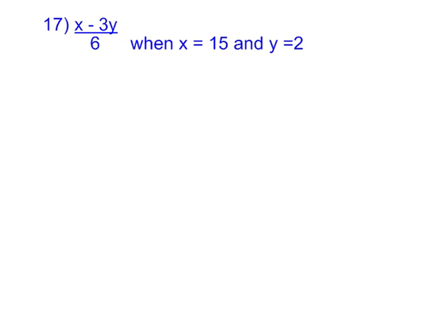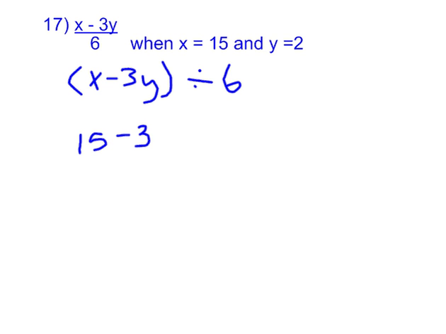Number 17, we have x minus 3y divided by 6. And I'm going to use parentheses again. And this is going to be x minus 3y in parentheses divided by 6. We're going to fill in the information that we have. So we'll have 15 minus 3 times 2 in parentheses divided by 6.